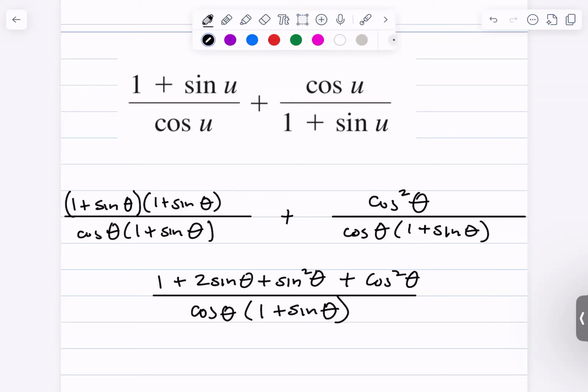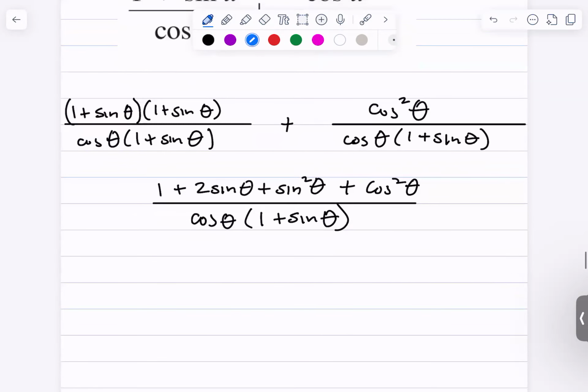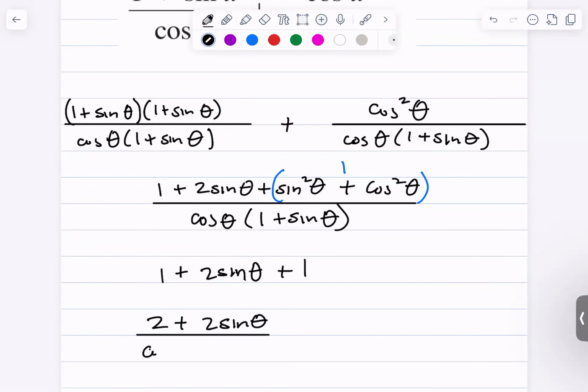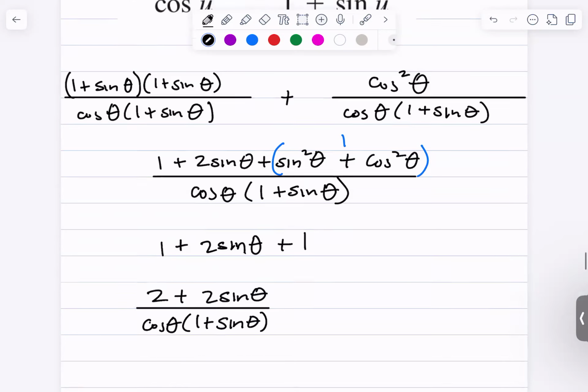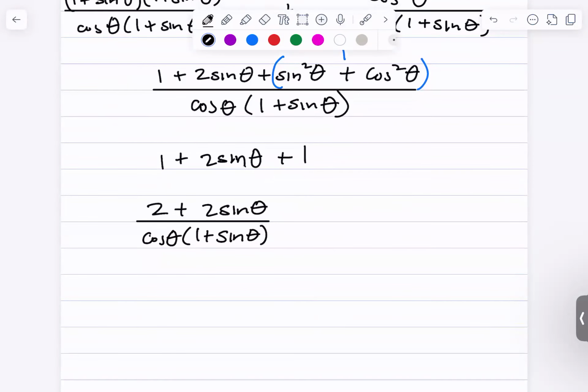Okay. And now I see this. I want to simplify more. What is sine squared plus cosine squared again? 1. So I have 1 plus 2 sine theta plus 1. So that's 2 plus 2 sine theta over cosine theta 1 plus sine theta. Right? We're good with that?